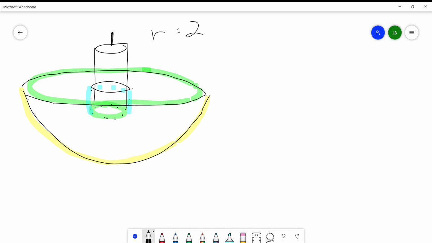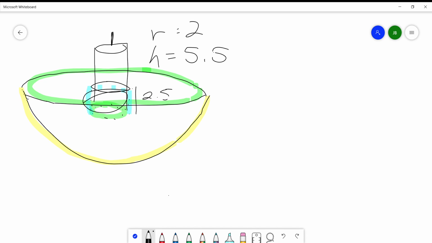And its height, since we're calculating the surface area that is sticking out, we're going to ignore everything that's inside the glass. We're just going to look at how much is sticking out. So we take 8 and we subtract this height. This height is 2.5 centimeters. So what's left, 8 minus 2.5 is 5.5. So 5.5 is our height.